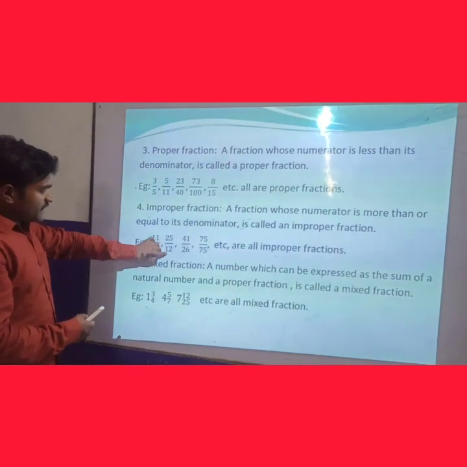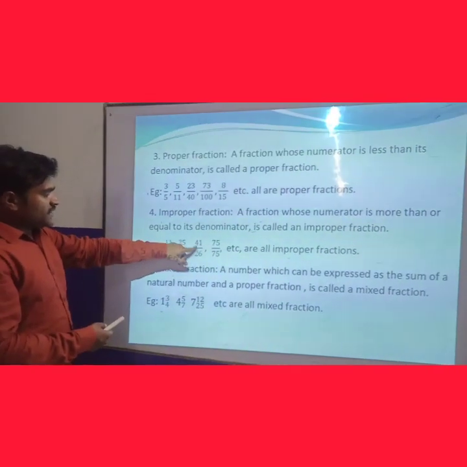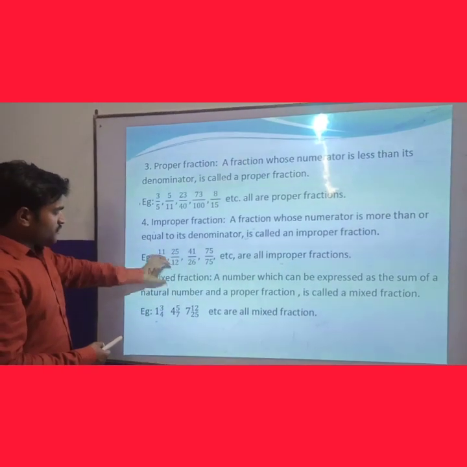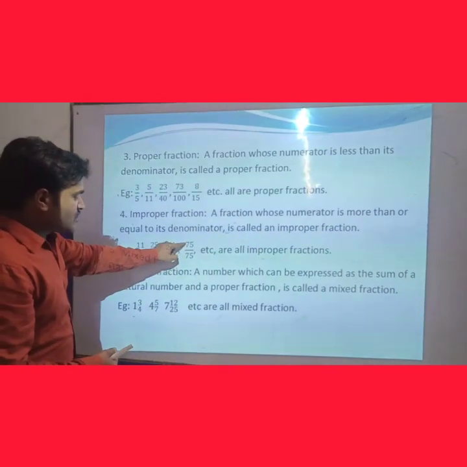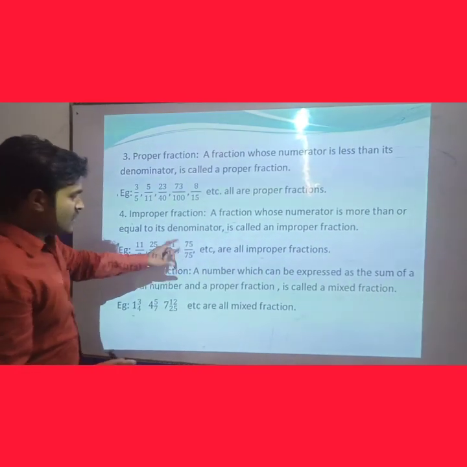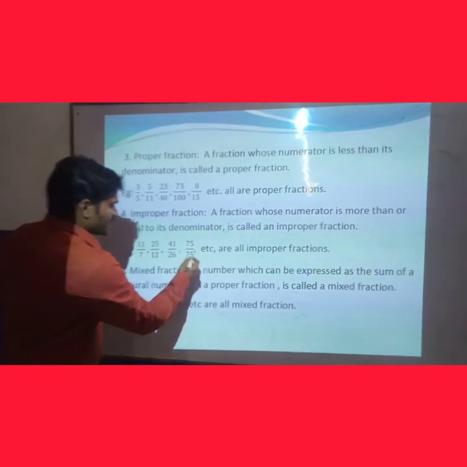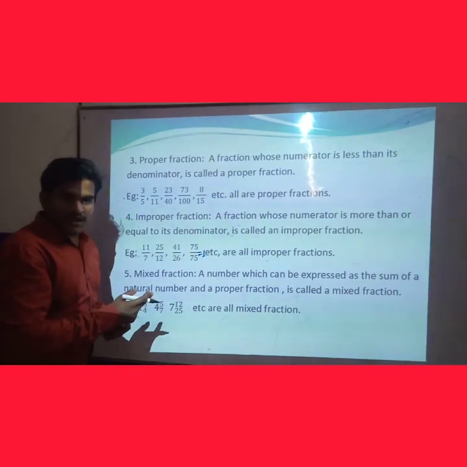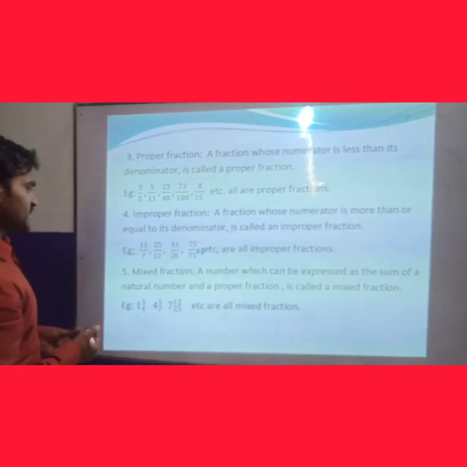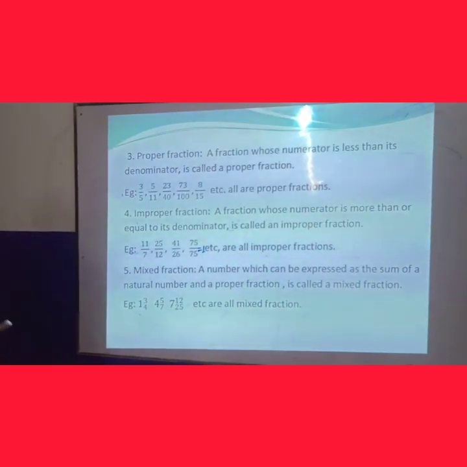Like that, 41 is also greater than 26. So these are improper fractions. Here 75/75, numerator and denominator are both equal. If they are equal, it means 1. This is also an improper fraction.